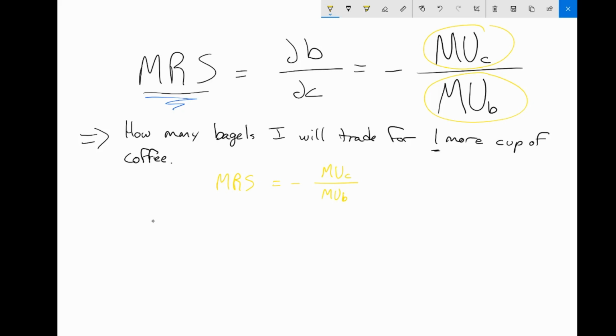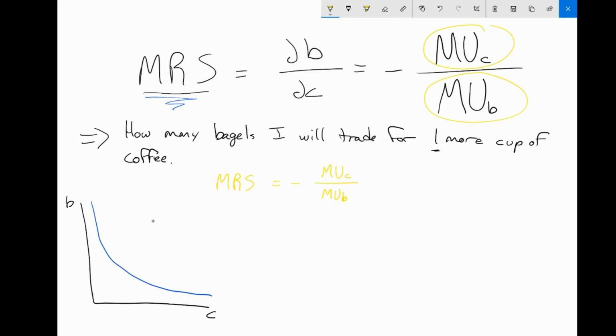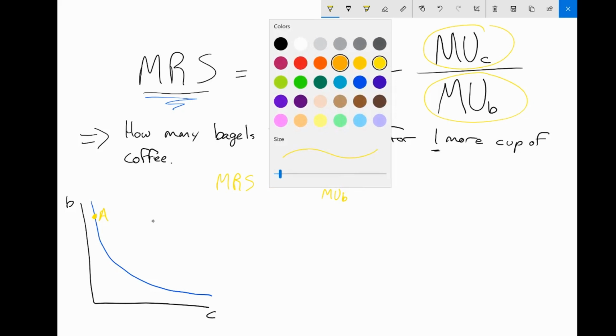Let me throw up here the graph because I think it'll make it more clear. Okay, so let's illustrate some things. First, if we are at a bundle, let's say we're at this bundle here, bundle A. At bundle A, I'm going to switch to a different color, let's go orange.